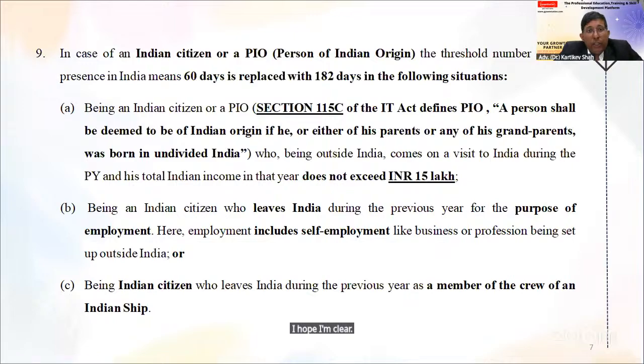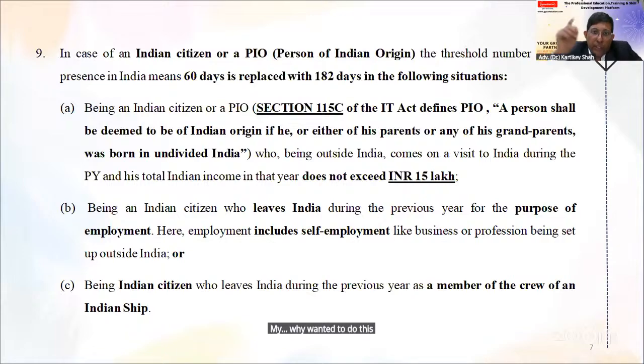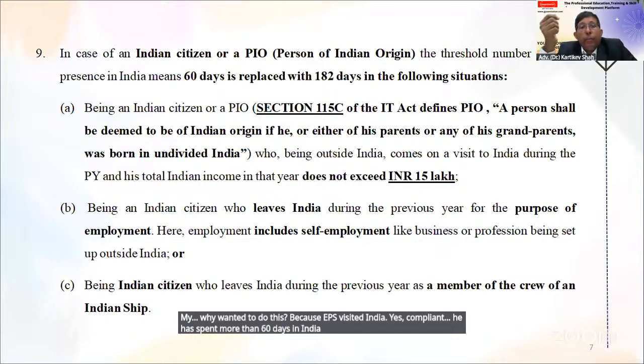So for an Indian citizen or person of Indian origin, the 60 days limit has been extended to 182 days. Why 182 days? Because if he has visited India and spent more than 60 days in India, then he might fall in the ordinary resident category.